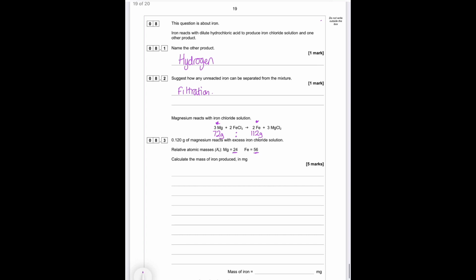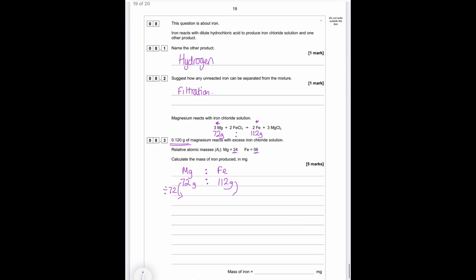And I can use that ratio to work out how much 0.120 grams of magnesium would produce. So if we write magnesium and iron, so initially we're saying 72 produces 112 grams. Now, to work out how much 1 gram would produce, we can divide both sides by 72.